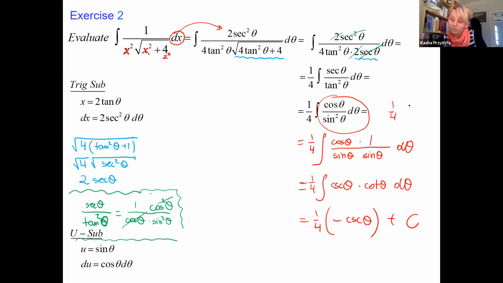The antiderivative of 1 over u squared is negative 1 over u, which is negative 1 over sine, which is cosecant. You get the same thing, but I will not repeat it since we did the trigonometric way. Just in case, you may have 2 different ways.